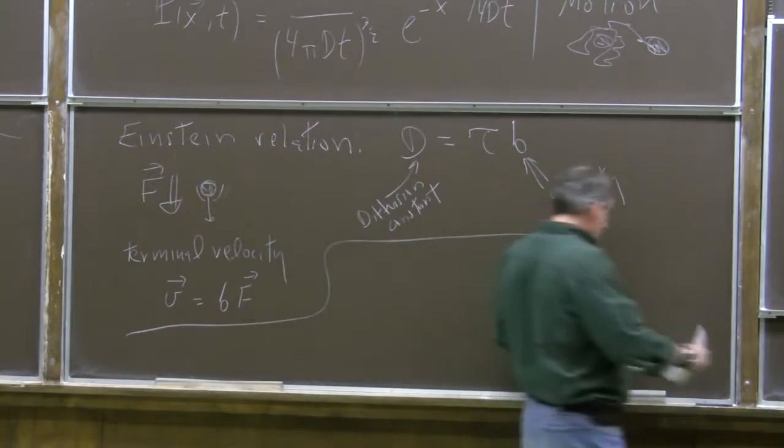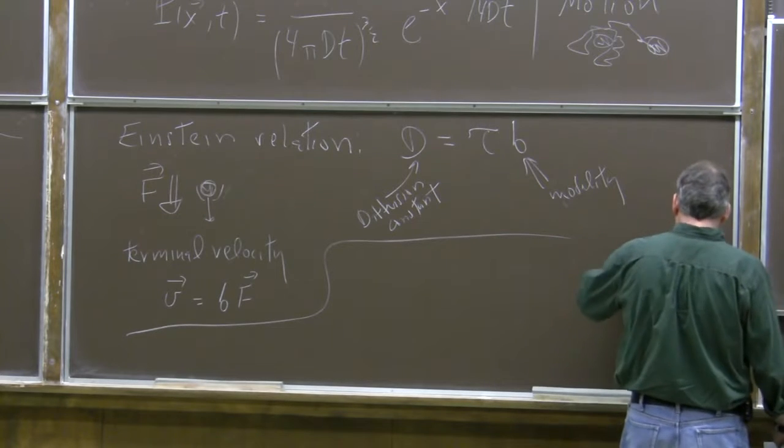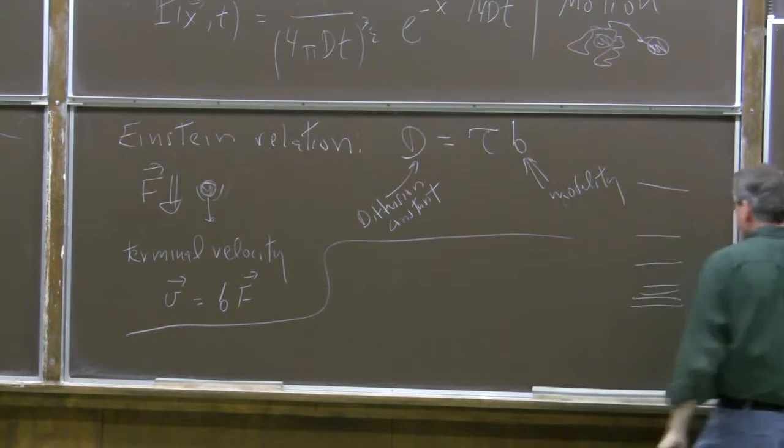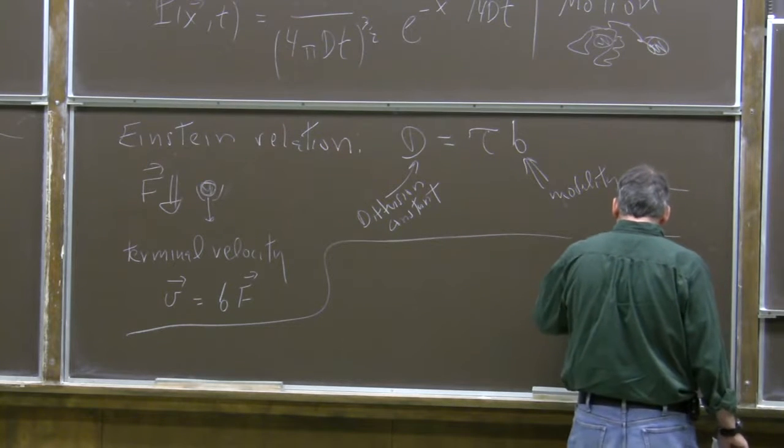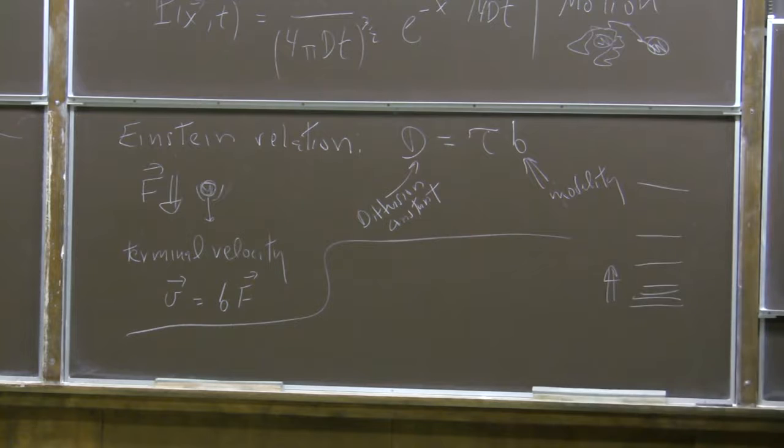So in other words, if we have a gradient, it's more dense here and less dense as you go up, then because of the high density, diffusion will make the density want to spread upward.